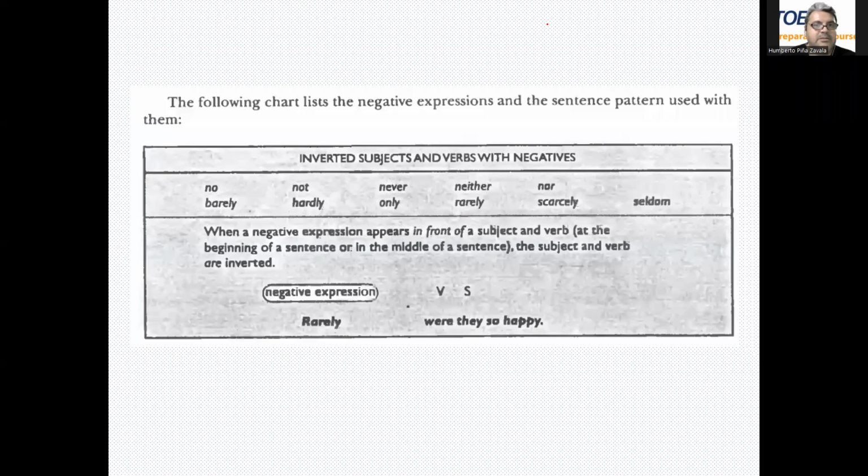Right, we can see that also with all types of verbs. If I say, rarely do I sleep, I mean, we usually say I rarely sleep. That is the most common one.